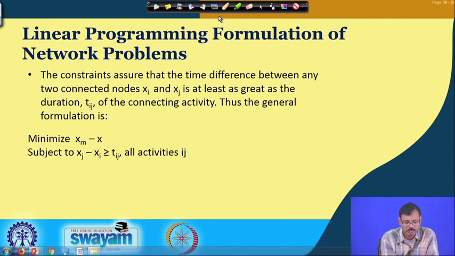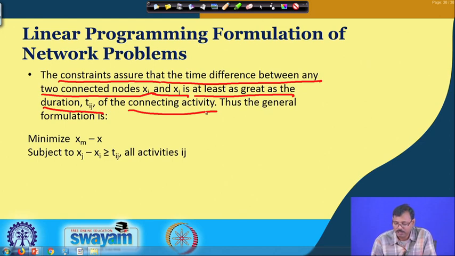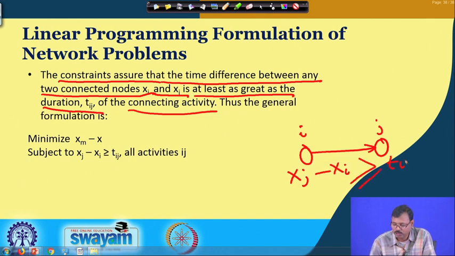the constraint is that the time difference between any two connected nodes i and j, x_i and x_j, is at least as great as the duration of the connecting activity, T_ij. So if this is the ith node and this is the jth node, then x_j minus x_i must be greater than or equal to T_ij, which is the activity's normal duration.